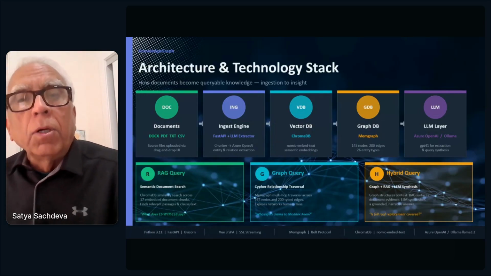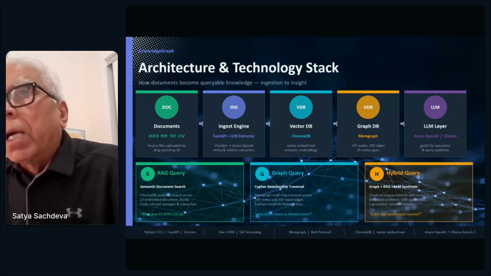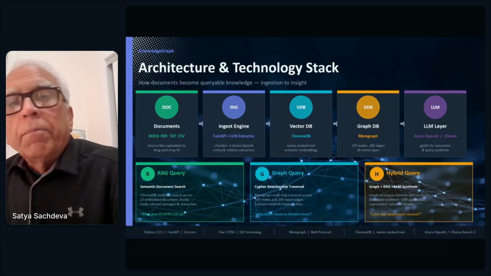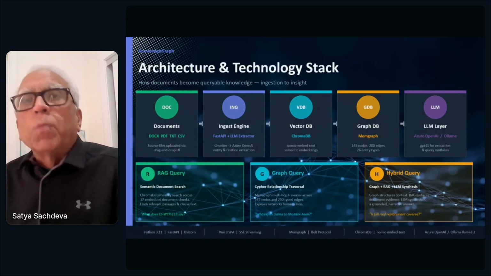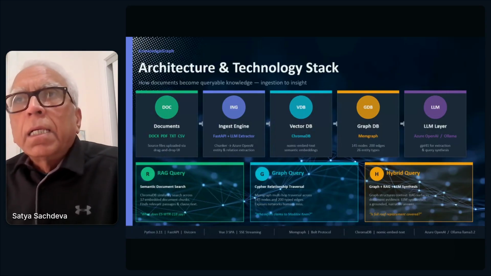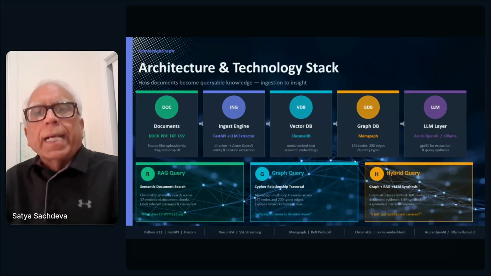And under the hood, we are also using a Nomic embedding model for breaking down the document into smaller chunks, as well as the verbs and nouns and adjectives out of the text.